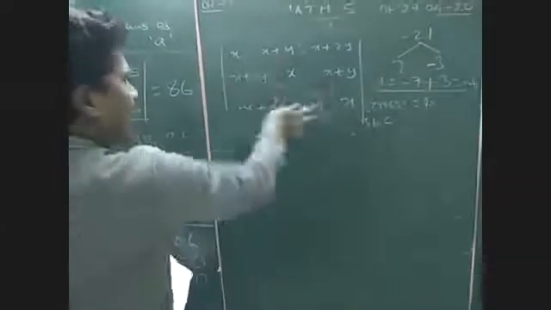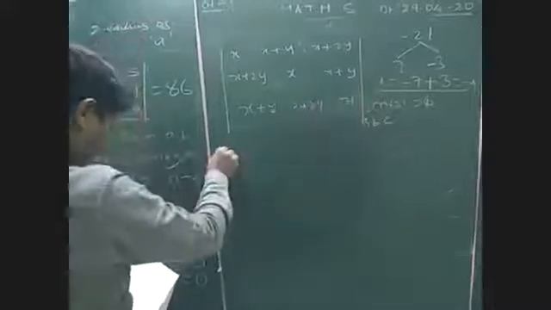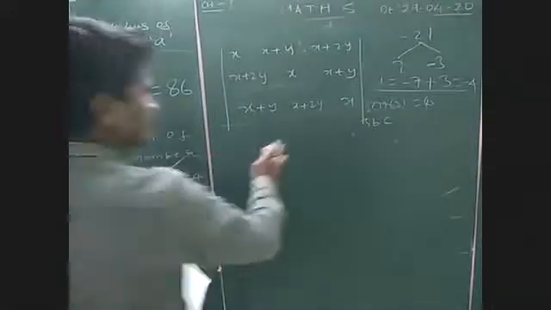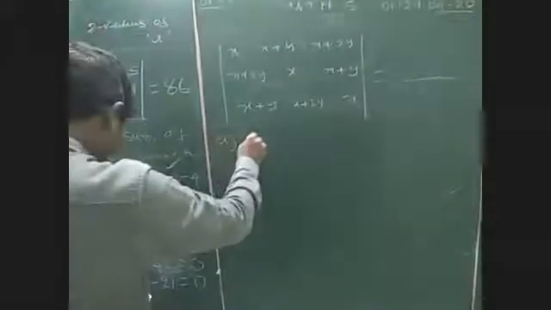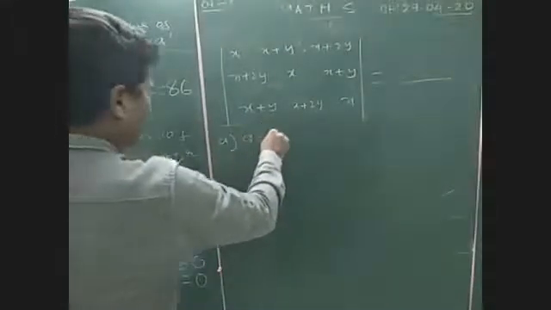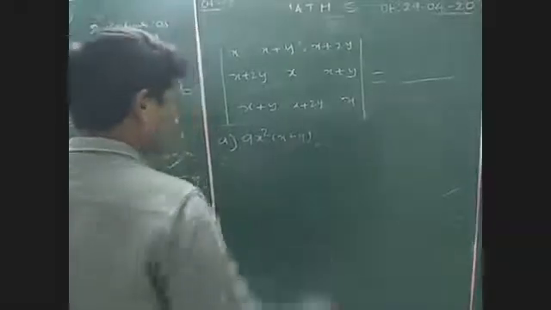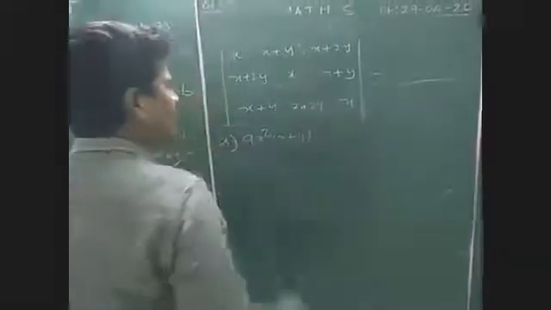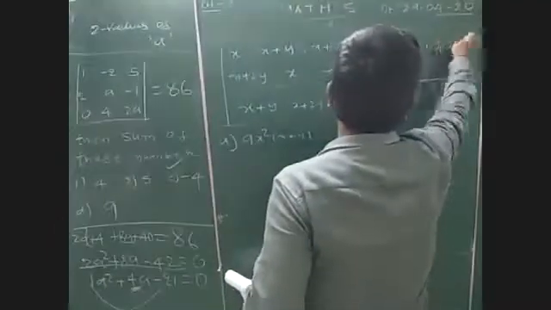Here, what is the value of this determinant? The first option A is 9x square into x plus y. See how to find the determinant. You can take x and y values, like x equal to 2 and y equal to 1.